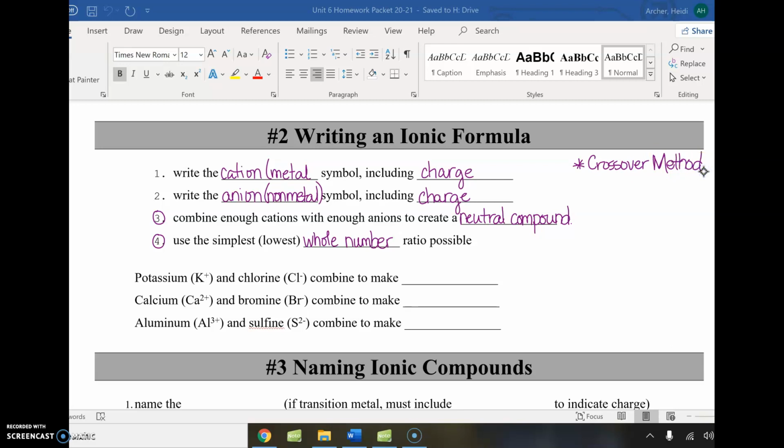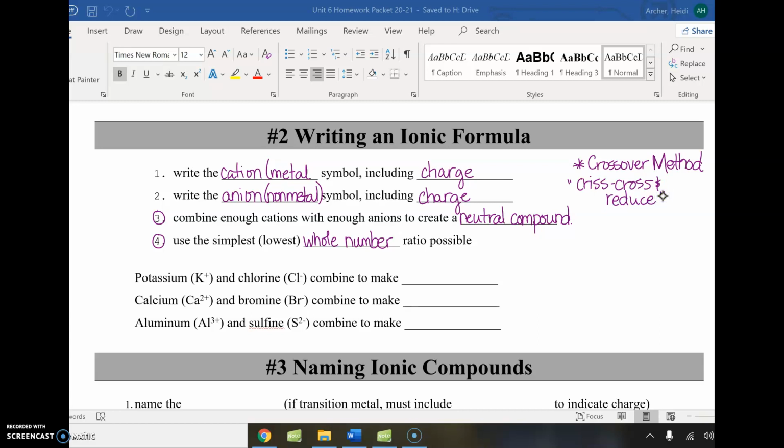And in the crossover method, it says crisscross your charges and reduce if you can.